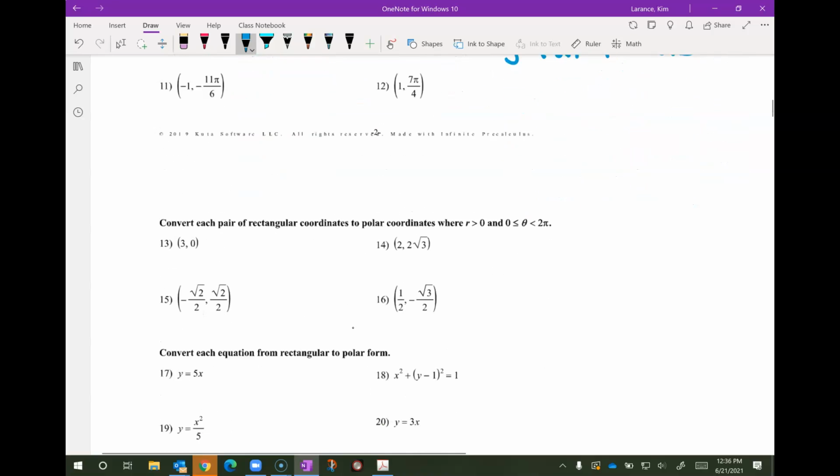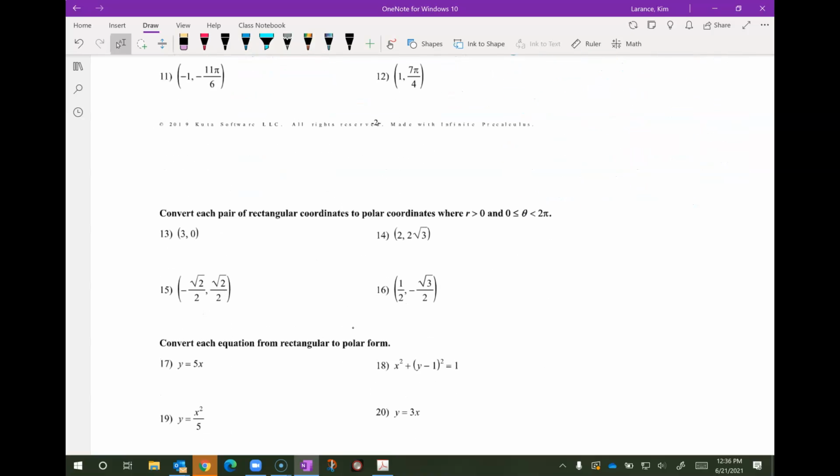Okay. Going the other direction with this, let's take a look at 14. So the tangent of theta equals 2 root 3 over 2, which is root 3 over 1. Where on the unit circle is your opposite over adjacent root 3? I believe that's pi thirds.